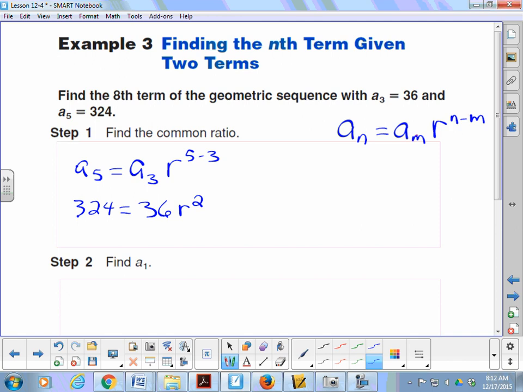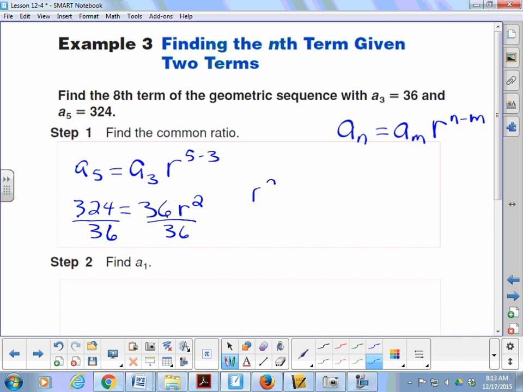So what do I do to find r then? What's the next step? Divide by 36. All right.